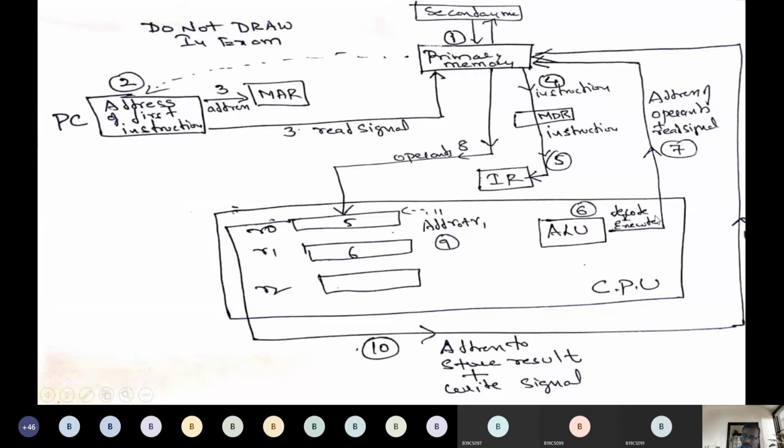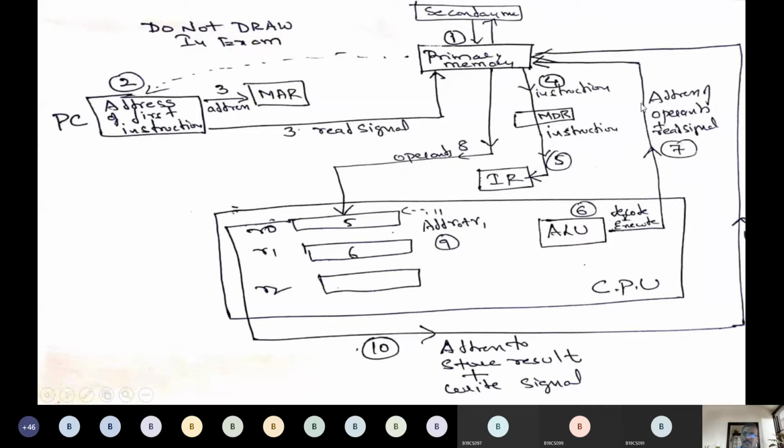So how does it send the request? It sends the address of the operands, the address of A and B, plus a read signal saying that I want the values of A and B. We already know that we use a read signal to read anything from the memory.